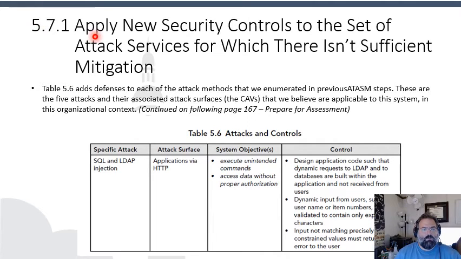So whenever we're looking at applying new security controls to the set of attack surfaces for which there isn't sufficient mitigation, this is what I've been talking about all along. You spend your energy on those things where there isn't something in place to protect it. SQL injection might be something. If a person had a website that didn't have any kind of things in place to protect it, you would definitely want to avoid dynamic input from users going directly into something that is a query string.